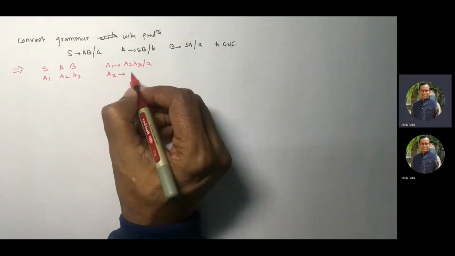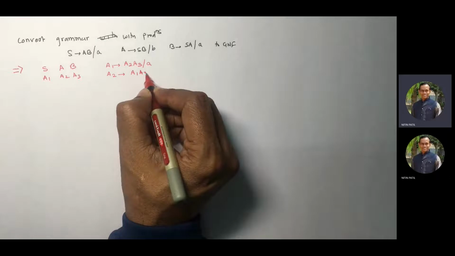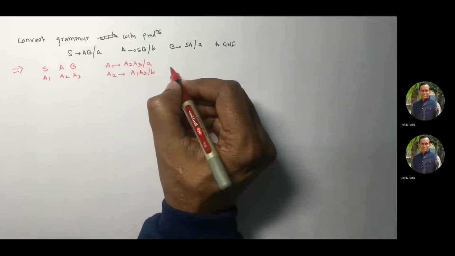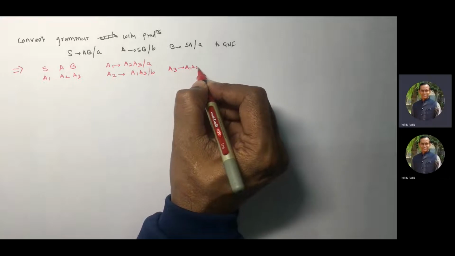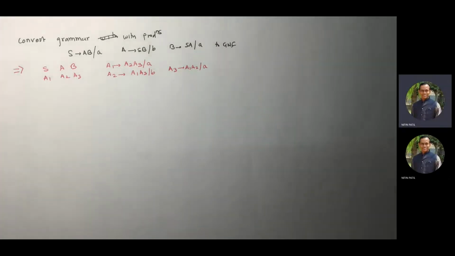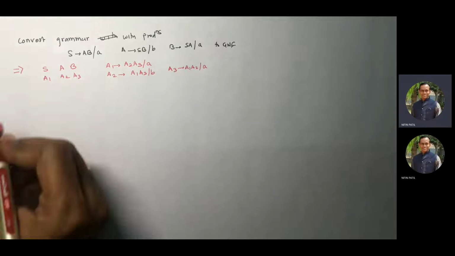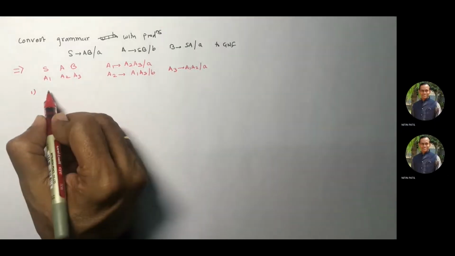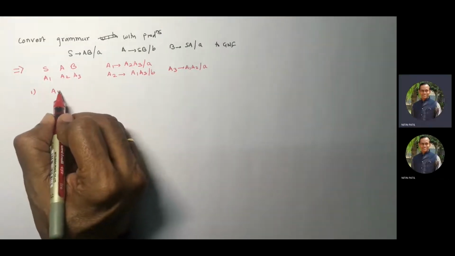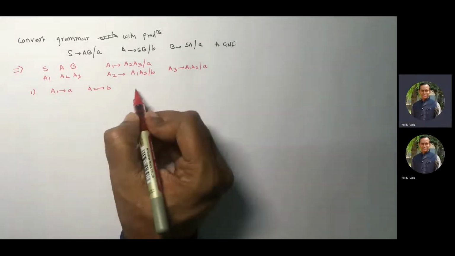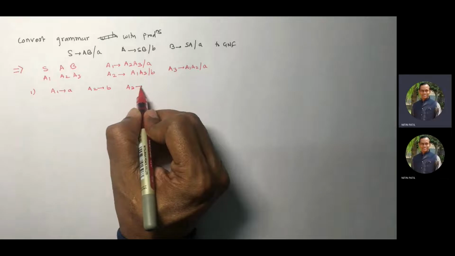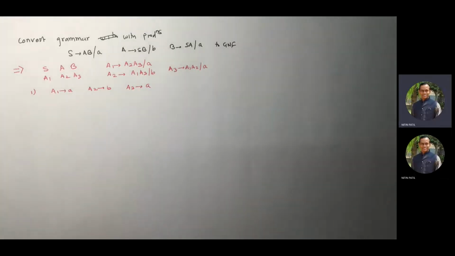A2 gives A1, A3 or B. And A3 gives A1, A2 or A, correct? So this A1 gives A, A2 gives B, and A3 gives A is in accepted form.